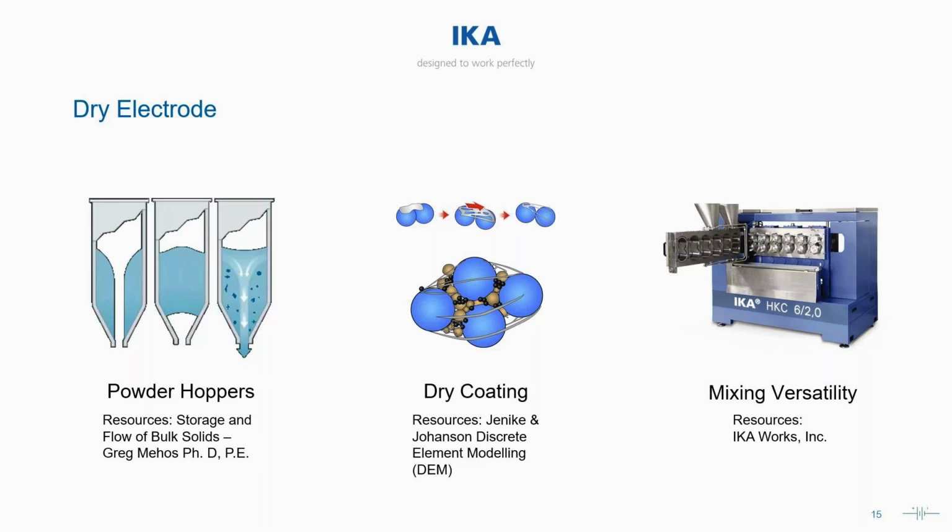A mixer that I really like right now is this IKA HKC machine. This machine has anywhere from 6 to a customizable amount of chambers where you can actually control at each individual mixing chamber the temperature, the speed, the pressure, and you can also control where you're introducing your solids into the process.